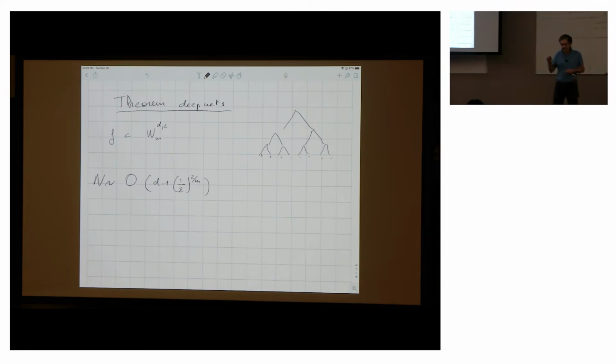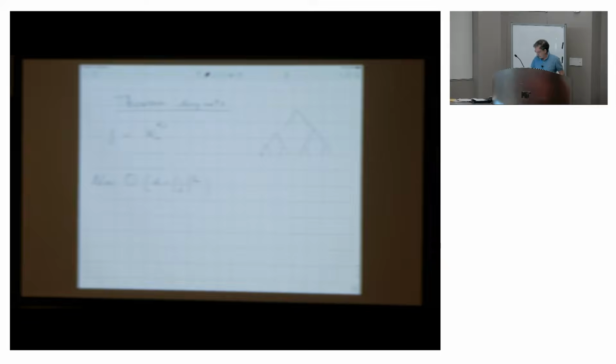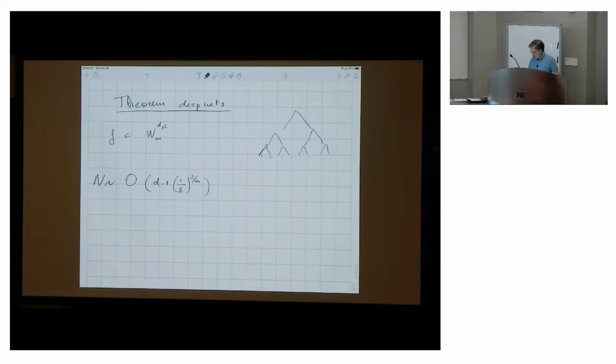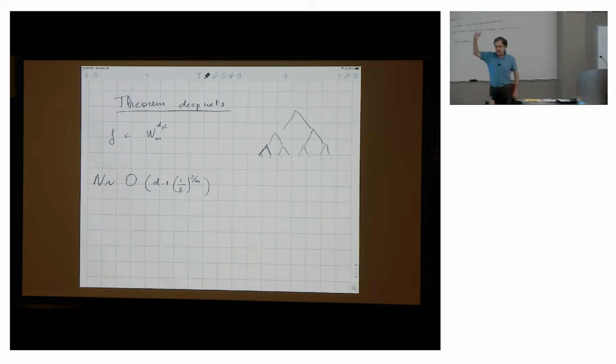What I have to worry about, and this is the only part of the proof I have to worry about, is that when I approximate each of these constituent functions, there will be an error. I approximate each one of these, and I will have an error. And I have to check that this error does not explode.